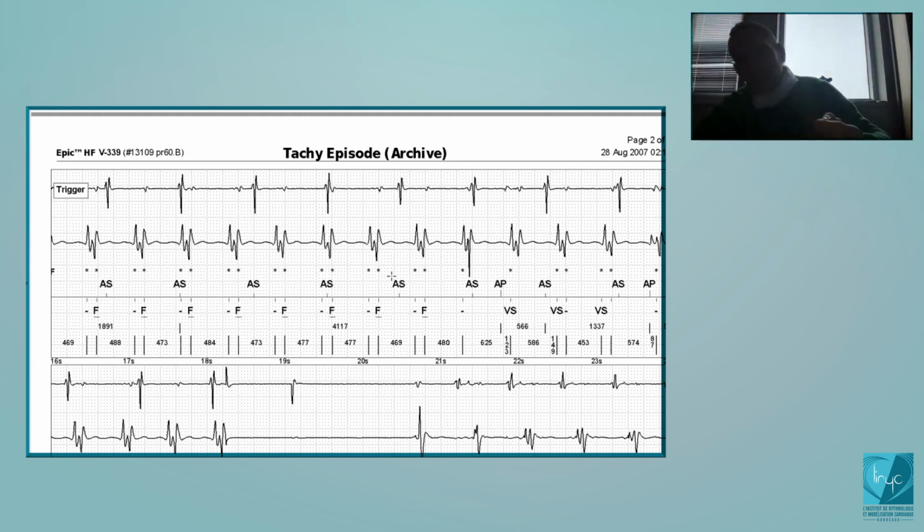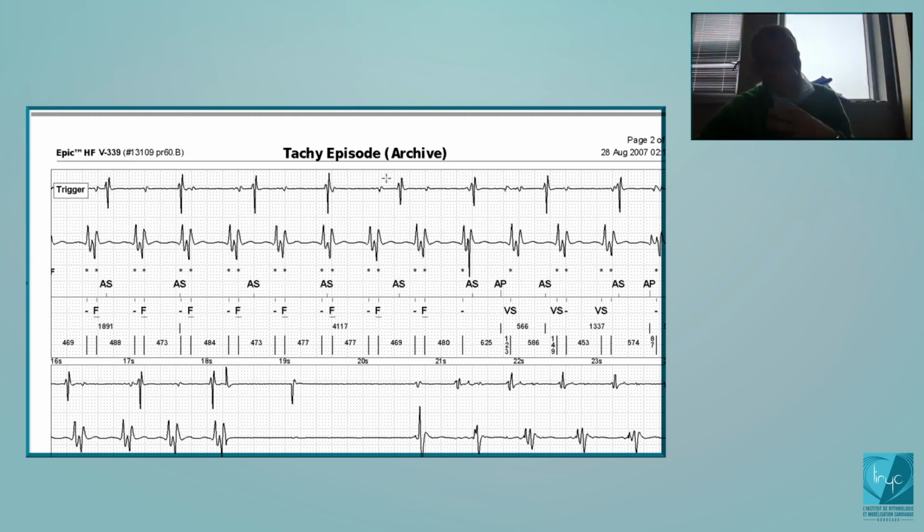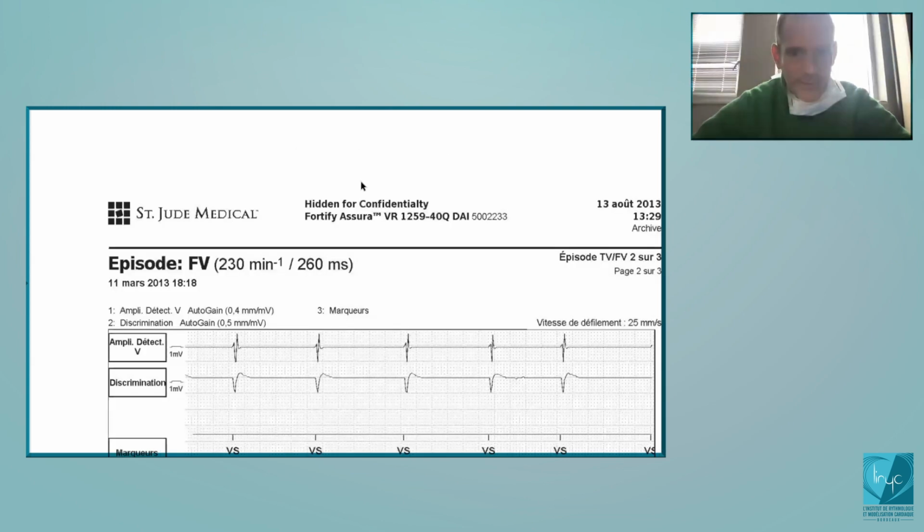The problem is that with this kind of cycle classification, you increase the risk of inappropriate therapy in case of oversensing. So really, this kind of device needed something else to decrease the amount of inappropriate therapy.